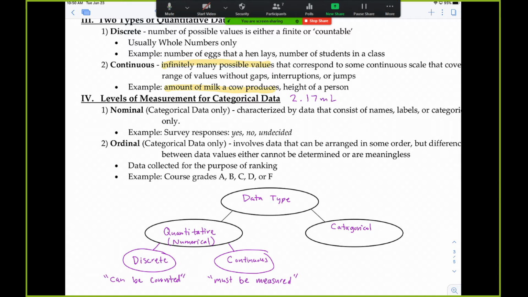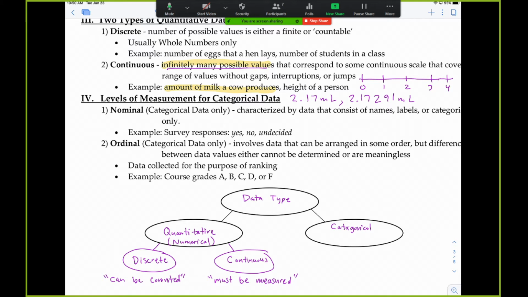The infinitely many possible values come from the fact that there are an infinite number of values that we can get. We could get 2.17291 milliliters. In other words, on the scale of possible values, starting with 0, we can mark off 1 milliliter, 2 milliliters, 3 milliliters, or 4 milliliters.